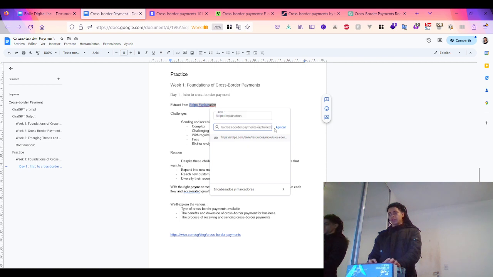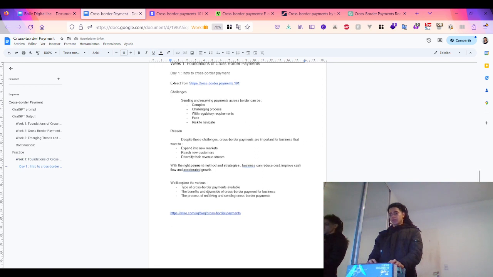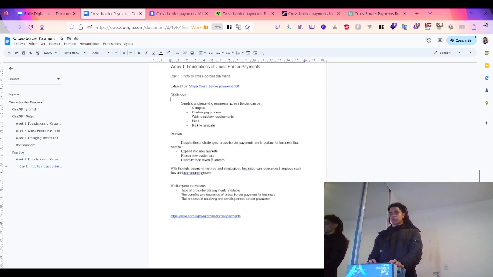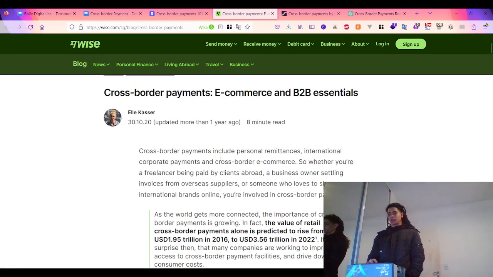Or for Stripe, cross-border payment 101. And WISE, what actually mentioned WISE: cross-border payments include personal remittance, international corporate payments, and cross-border e-commerce.